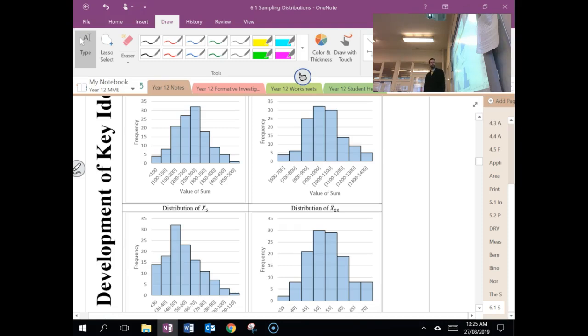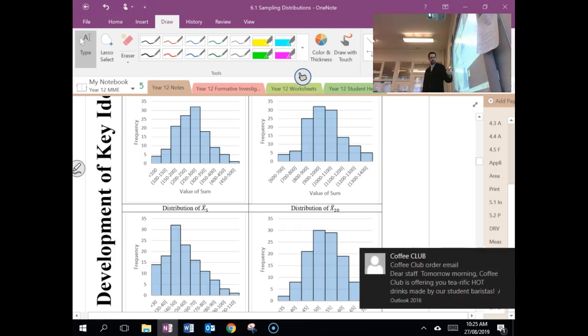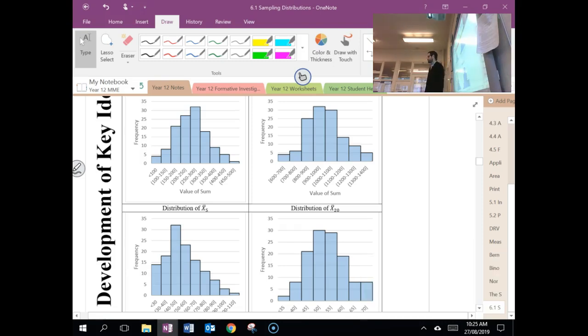But what do you notice about going from here to here and here to here as our sample size increases? So as we go from 5 to 20 and 5 to 20, what happens to the approximation of normality? Marcus, what would you say?